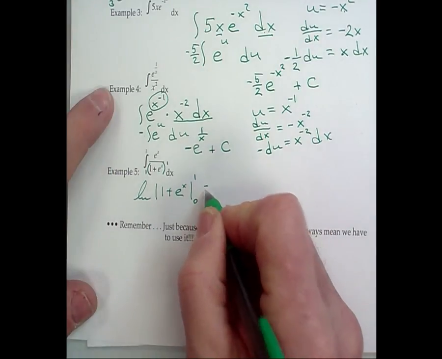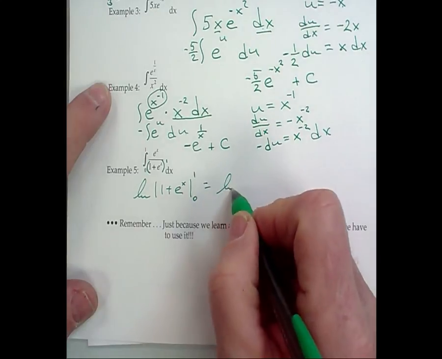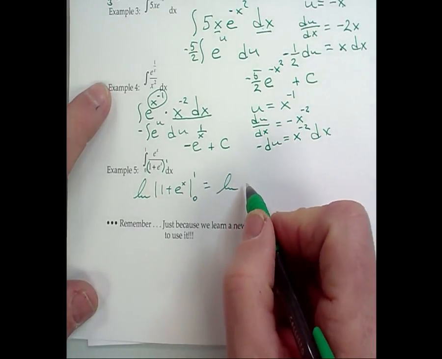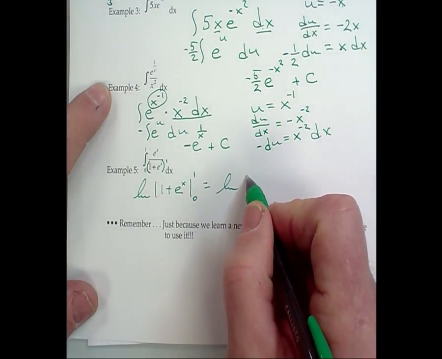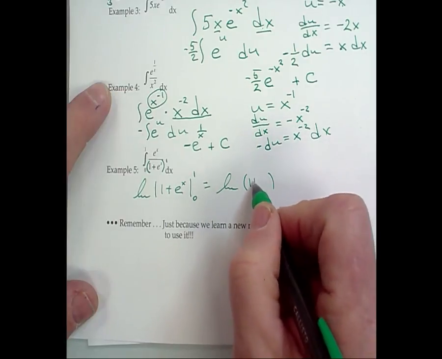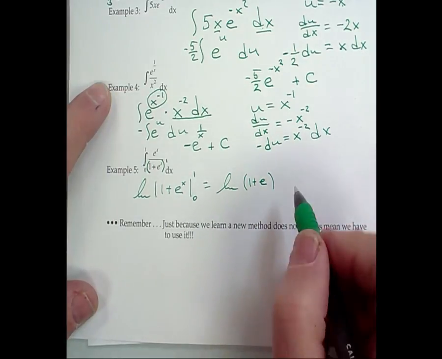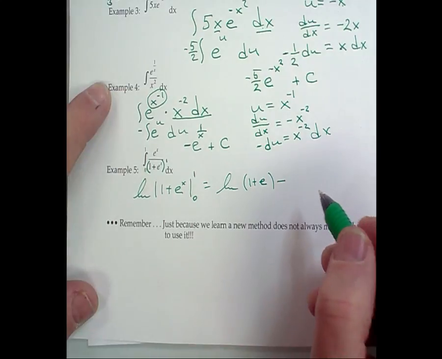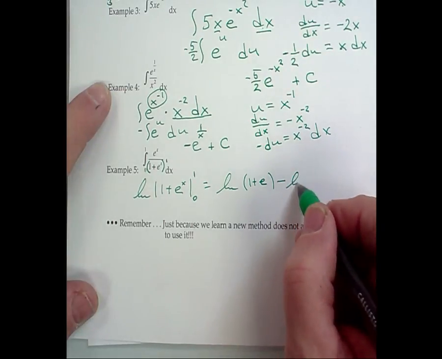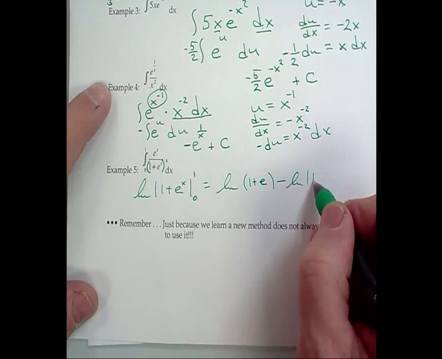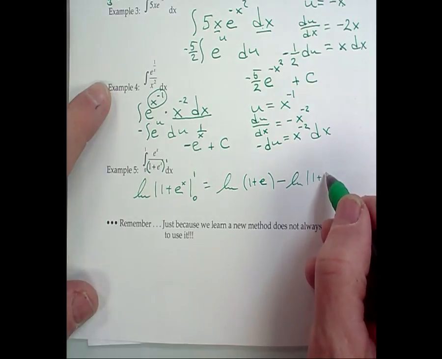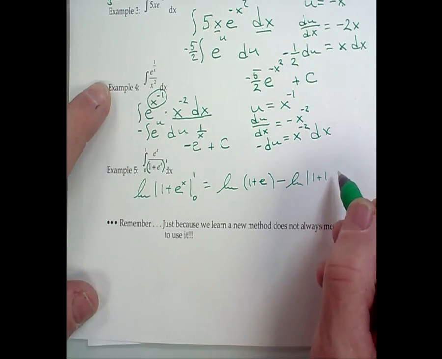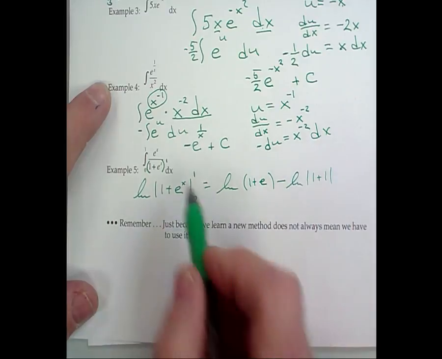So what do I get here, Sophia? The natural log of what? 1 plus e to the first. Yeah, which is just that, minus the natural log of 1 plus 1, right? Which you said was 2, yep. Because this is e to the 0.